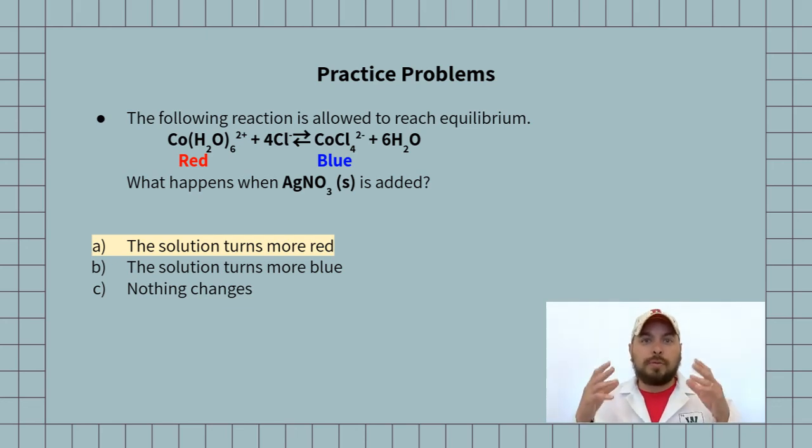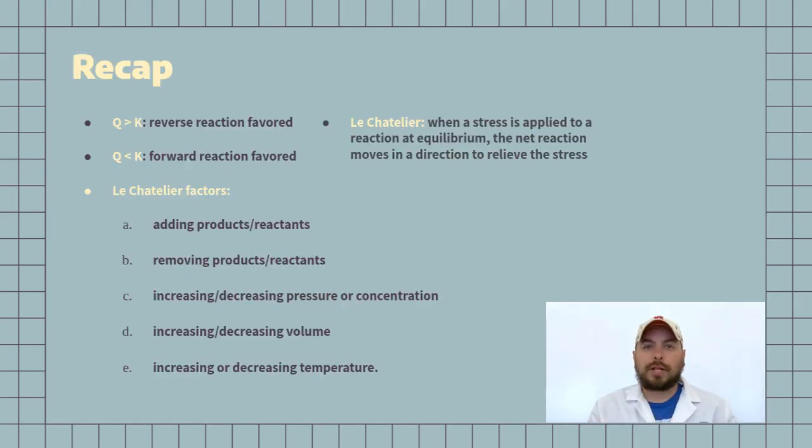So again, one of the ways to shift a reaction is to add anything, a reactant or a product, but one of the ways is removing. And this is a really clever way to remove a reactant or a product through the formation of a solid precipitate.